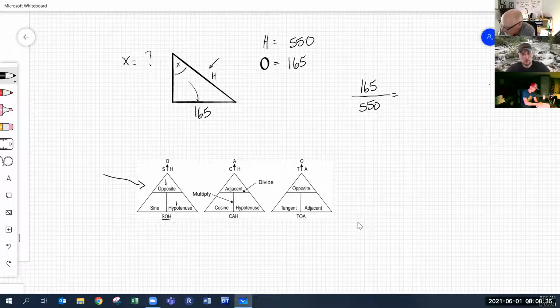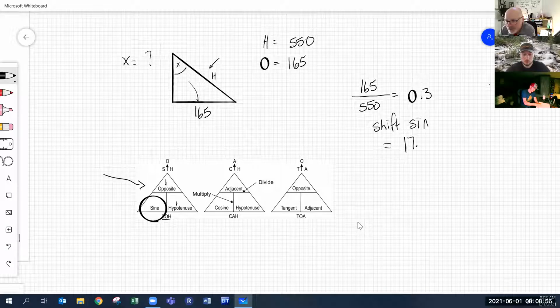So 165 divided by 550 gives us 0.3. And then I have to hit shift and sin, and that will give me my angle of 17.45 degrees.